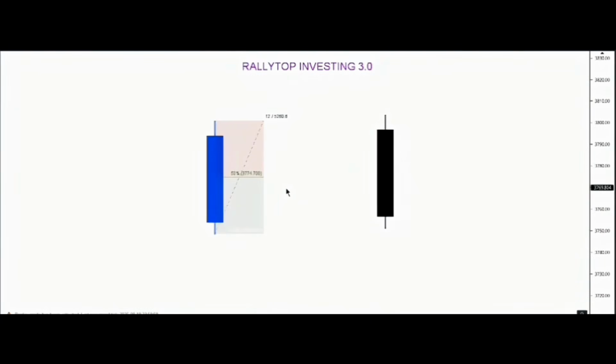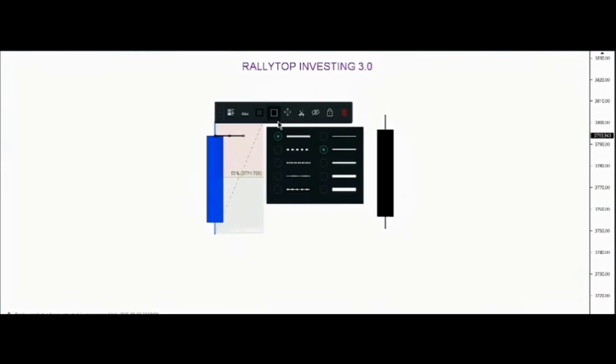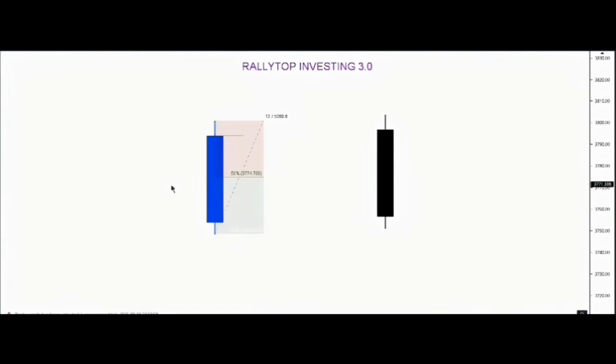So that's what you do, and this is going to take place on the 1H time frame. Mark out the high because the bullish candle opens below and closes above. So you mark out this high and wait for the next candle to open so you can actually take your trade. Simple. And once that happens, you will now scale down to the 5M time frame.